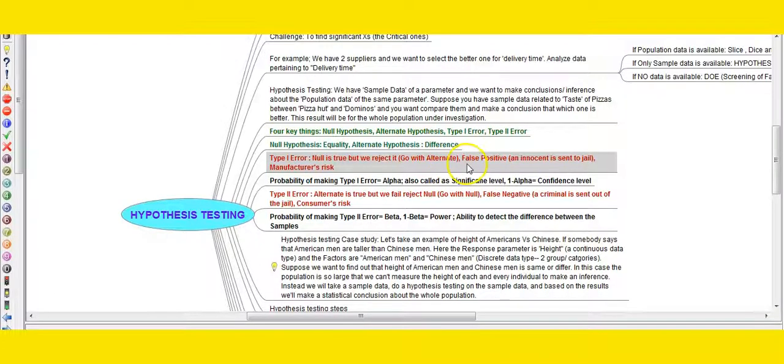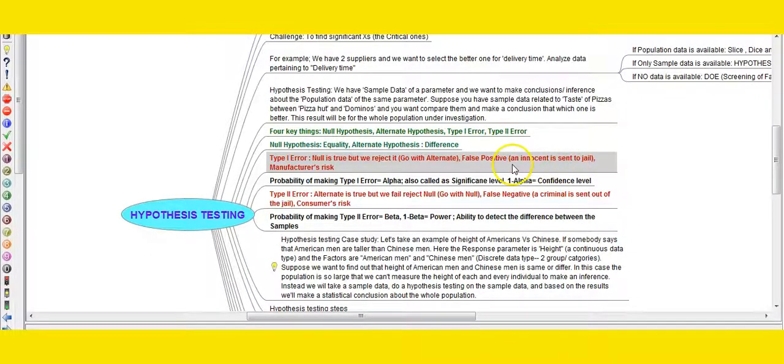This is also called false positive. In a sense, we can say an innocent is sent to jail. It means my null hypothesis was true, but I went ahead with the alternate hypothesis.